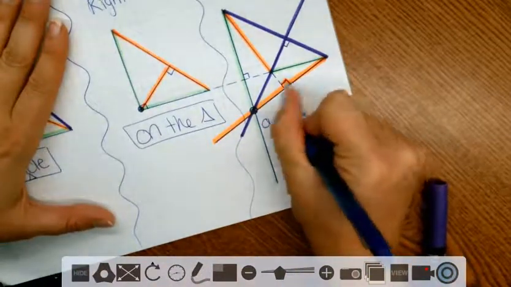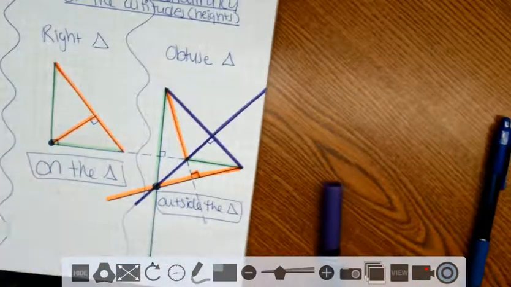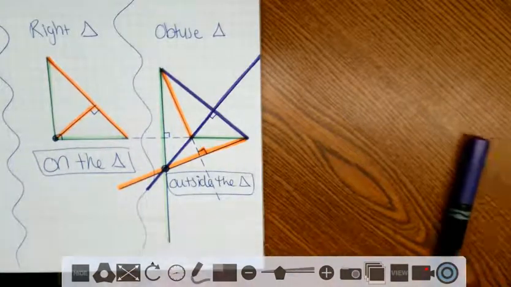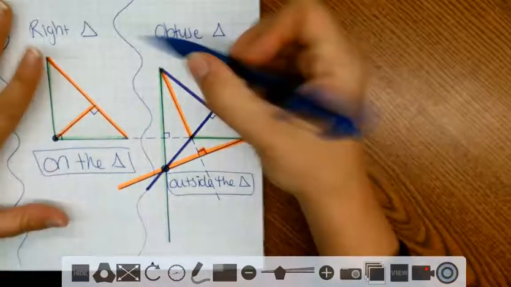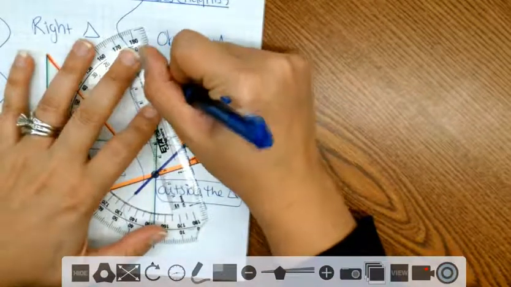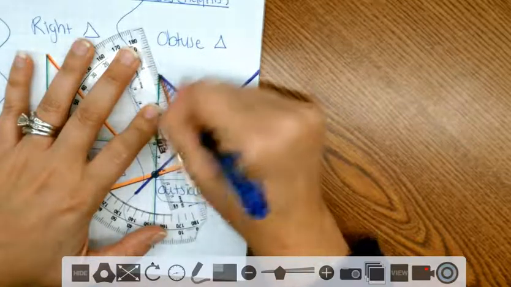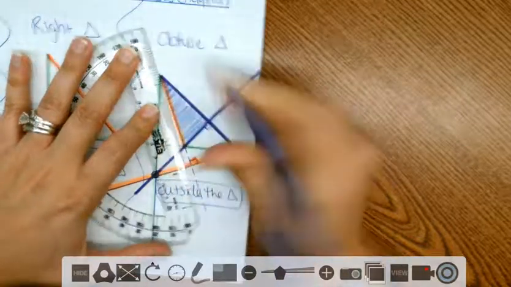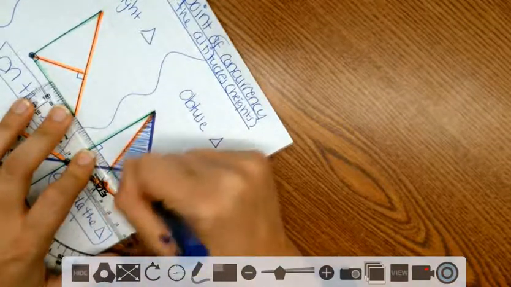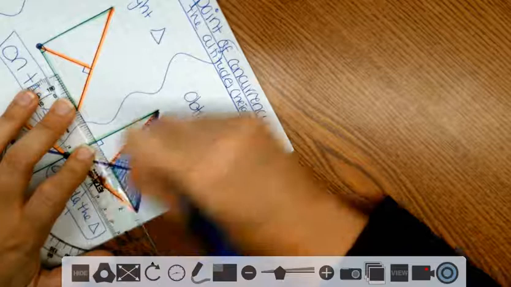outside the triangle. And if you want to see where the original triangle was, just for those of you who are having a little bit of trouble seeing it, put a shade in the original. So your original triangle was this in here.